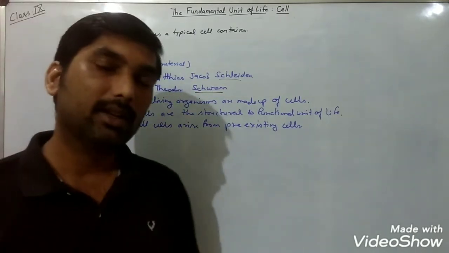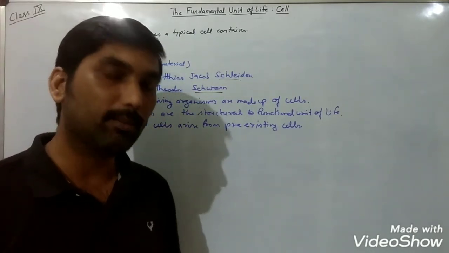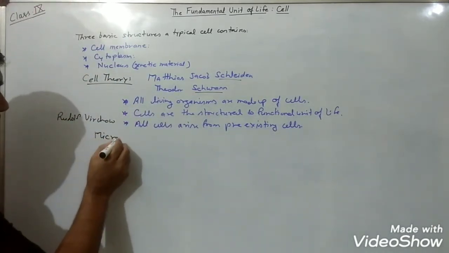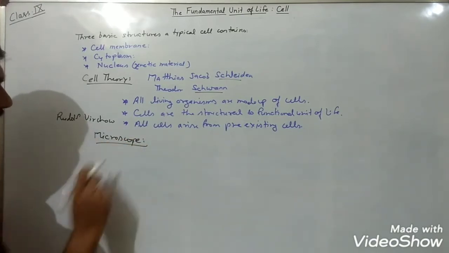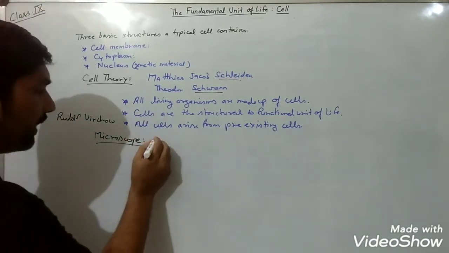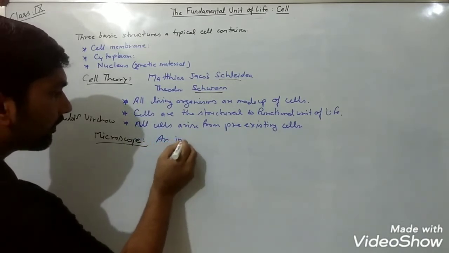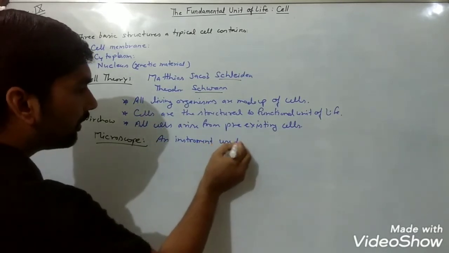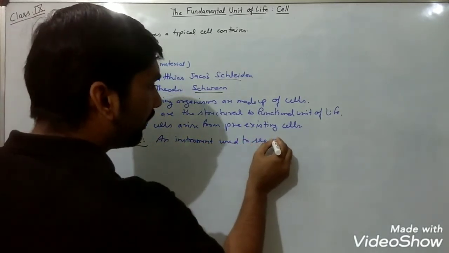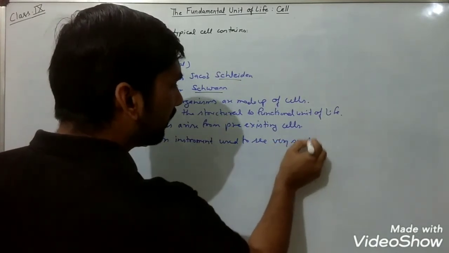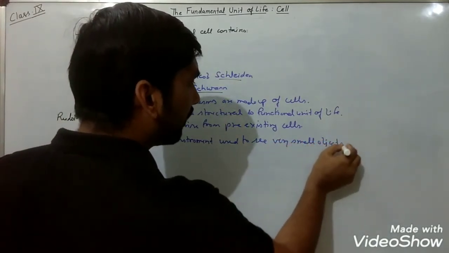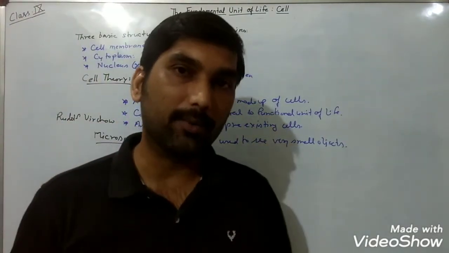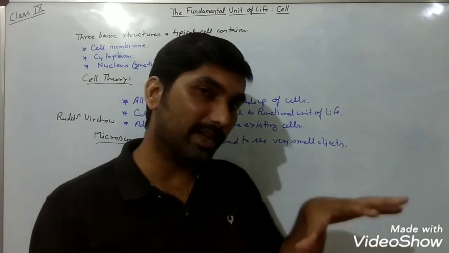Now we will consider what we mean by microscope. So actually microscope is what? It is an instrument used to see very small objects, because microscope is going to enlarge the image of any object that is placed under it.